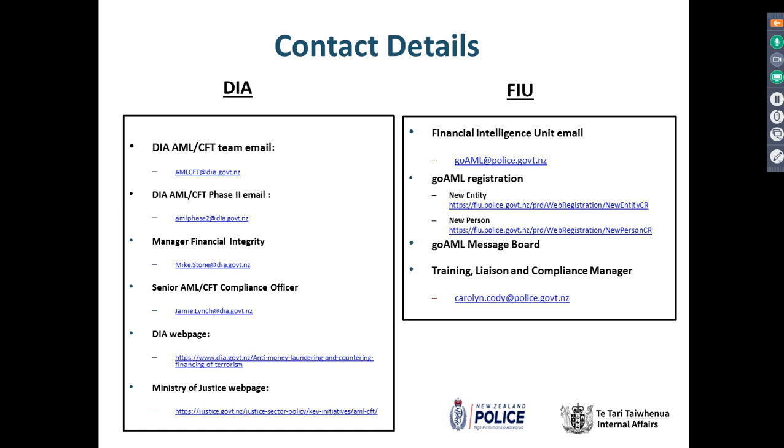Right, a question here on the thresholds: are there any thresholds for submitting suspicious activity reports? No, there isn't. Suspicious activity reports, whether they be transactional or not, require no threshold. So any amount could be suspicious. In fact, a couple of our more heinous offences have smaller dollar values.